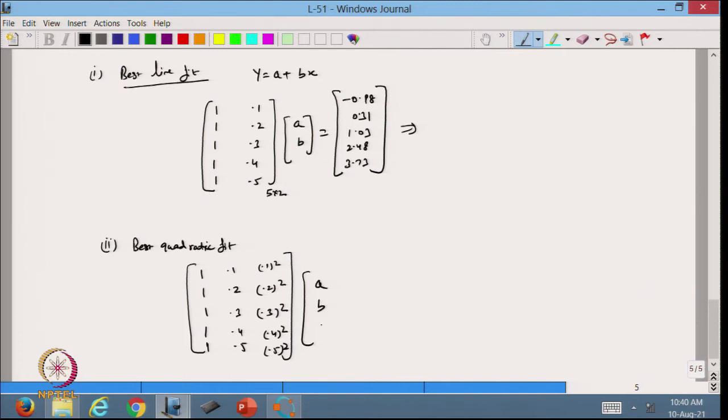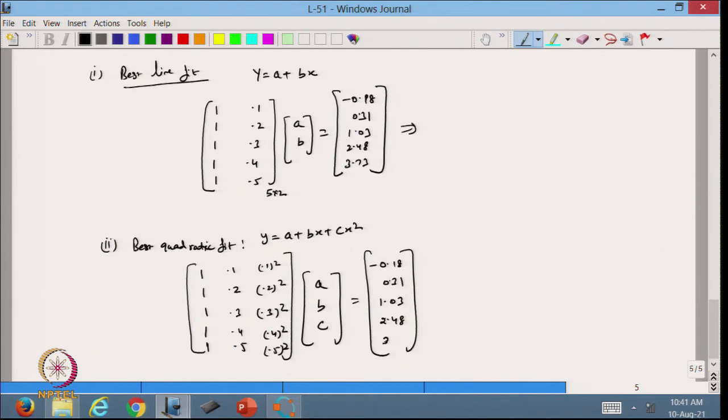I will get a, b, c, because here I consider y equals a plus bx plus cx squared, and on the right hand side I will get the same y: minus 0.18, 0.31, 1.03, 2.48 and 3.73. So, these are the two equations we need to solve.